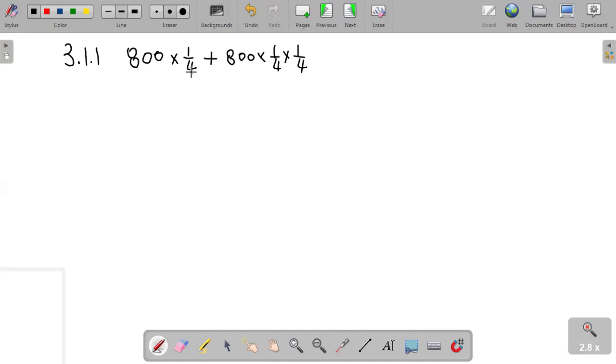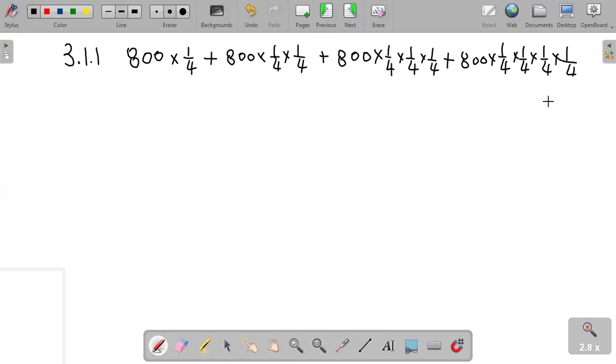On the third day, it's going to be 800 multiplied by 1 over 4 three times. Then on the fourth day, it's going to be 800 multiplied by 1 over 4 four times. Like that. So then it's going to be equal to.